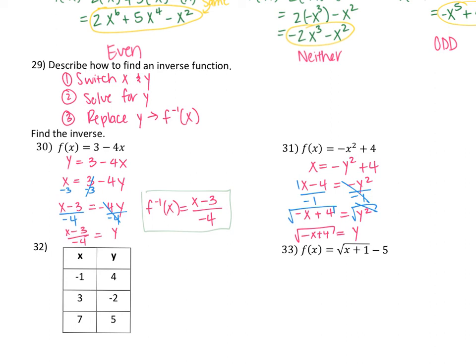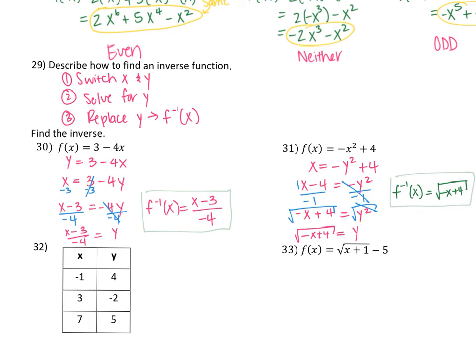It fails a 1-to-1 test. So for this, inverses just keep usually the positive. So the inverse of this function is equal to the square root of -x plus 4. And that there is my final answer.